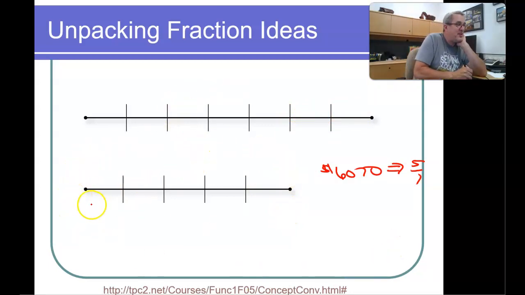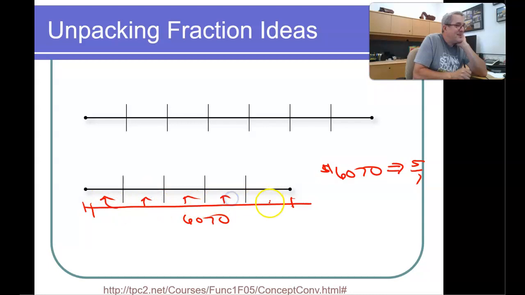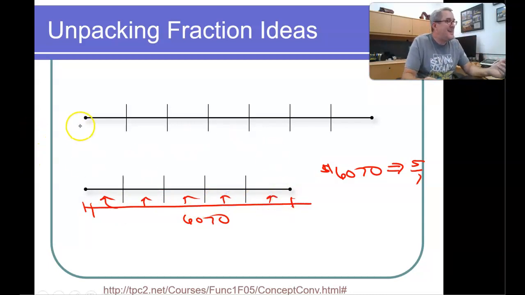So if this whole thing right there is 6,070, then how much would go into each one? That is, what would each one of these 1/7 be? If 6,070 is 5 of the 1/7, then what would each one of those be?